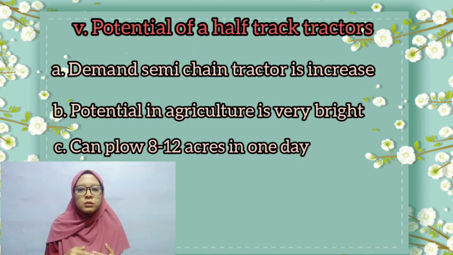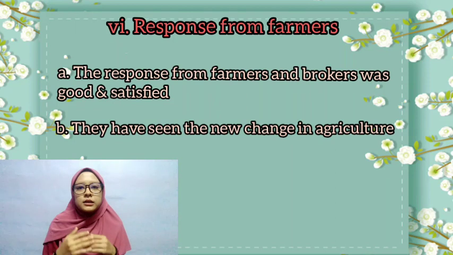The potential of this tractor in agriculture is very bright because it has the ability to plow in a short time. This tractor can plow 8 to 12 acres in one day compared to a wheel tractor at only 3 to 6 acres per day.